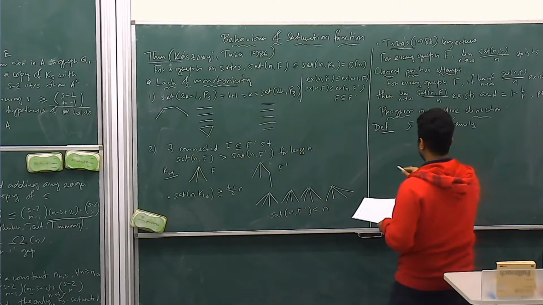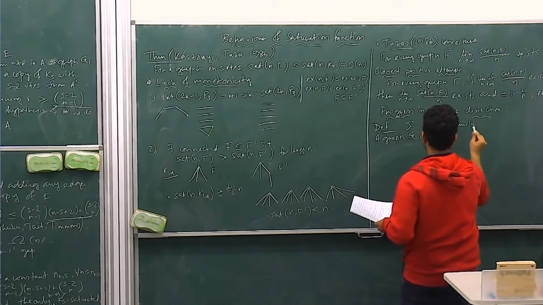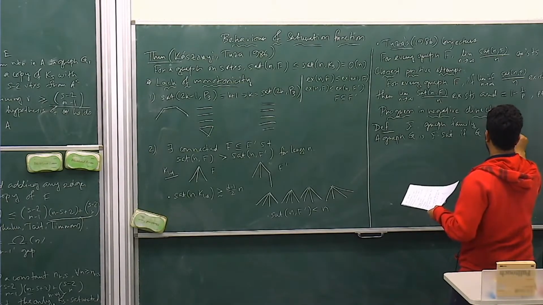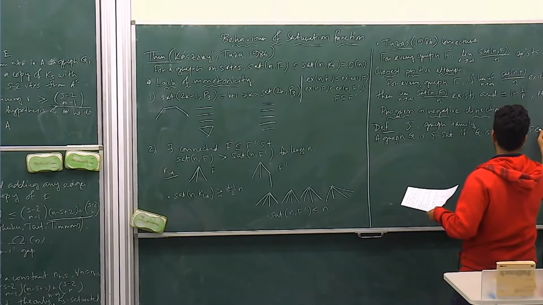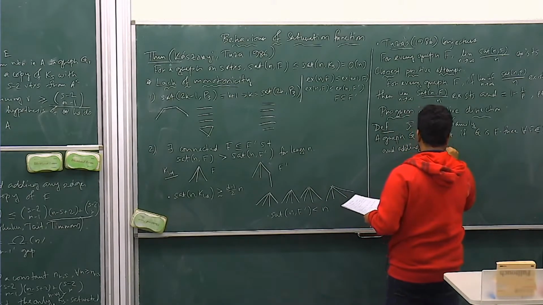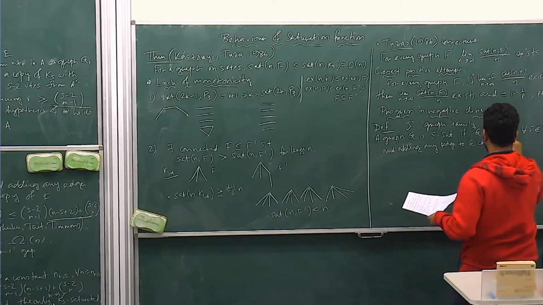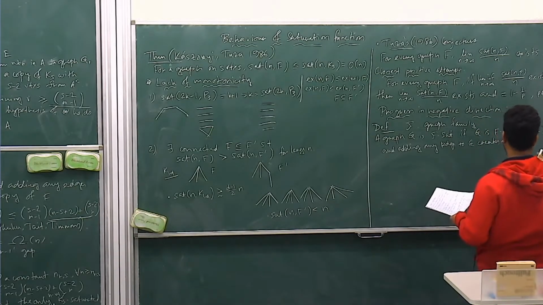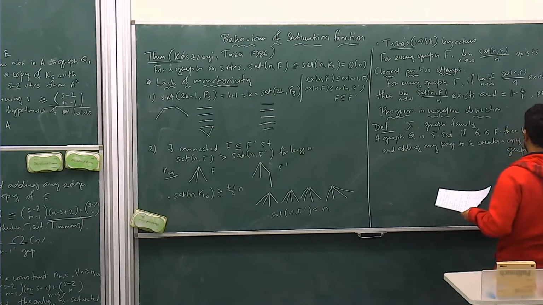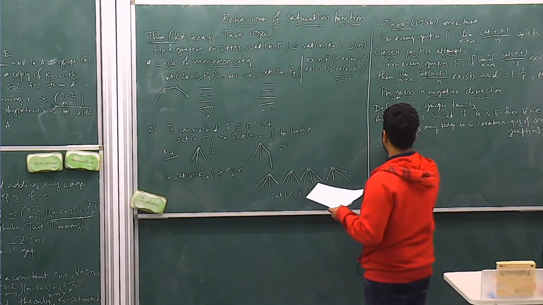So for a finite graph family, let's say a graph G is curly F-saturated if G is F-free for all F inside curly F, and adding any edge to G creates a copy of some graph in curly F. Similarly define sat(n, curly F).